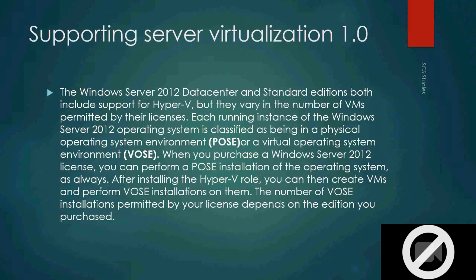So what it is saying is, if you are going to purchase a Windows 2012 Server edition, that may be a Datacenter Edition, that may be a Standard Edition. After purchasing the license, you can install the operating system on the physical hardware of a machine. After installing that, you can install Hyper-V and create virtual instances of it.